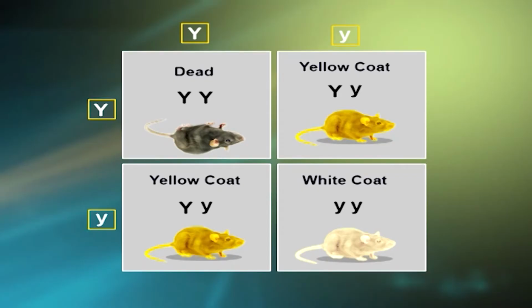When he crossed a yellow mouse, capital Y, with a yellow mouse, capital Y, he expected the progeny in a ratio of 3 yellow, represented by capital Y, to 1 white, small y, but the observed ratio was 2 yellow and 1 white.